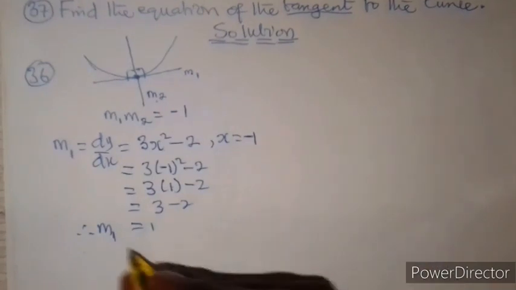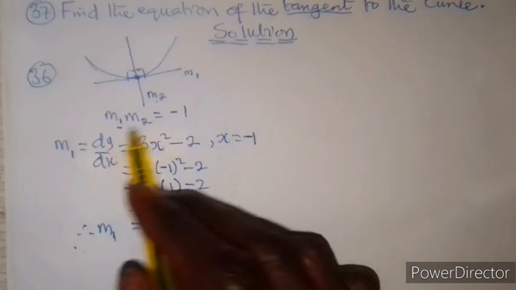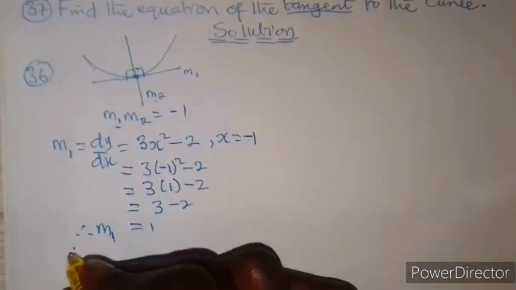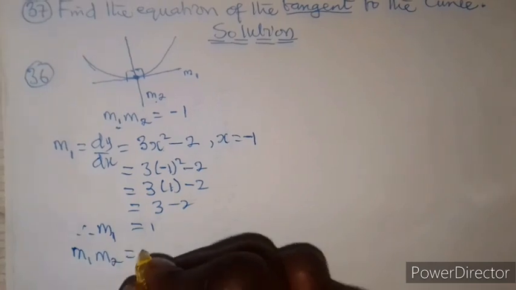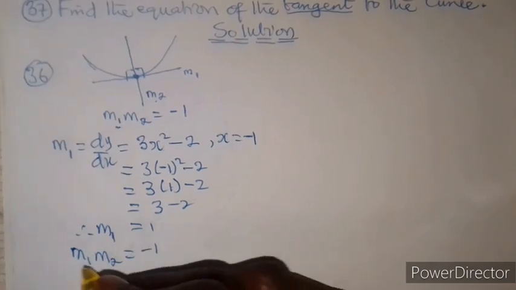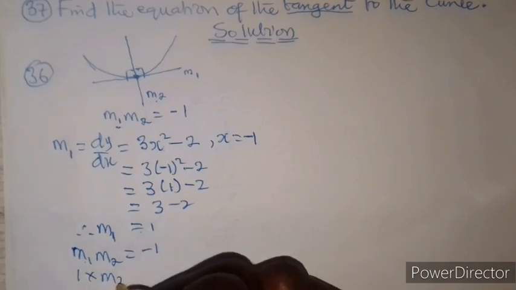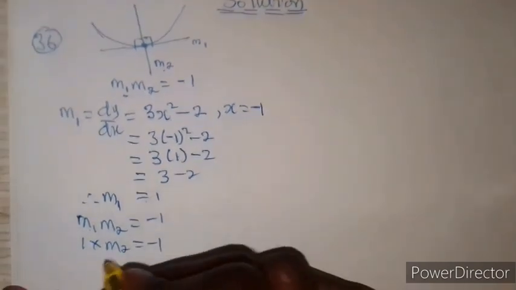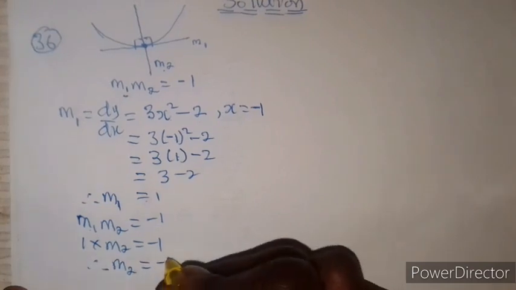Now we can get m2, because we know that m1 multiplied by m2 will give us minus 1. So if m1 is 1, it means 1 times m2 gives us minus 1. Therefore, our m2 is equal to minus 1.